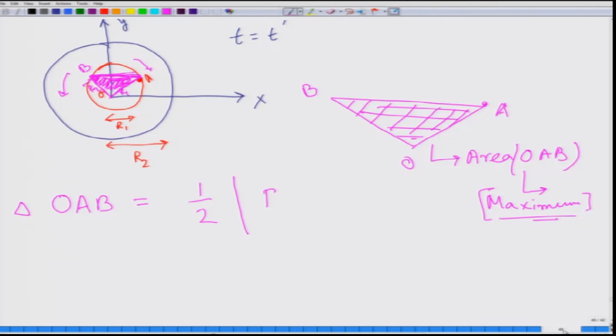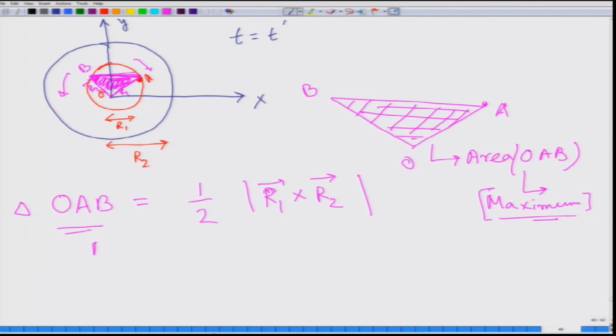So the area of this OAB, the triangle, will be half of that area. So it would be half of R1 cross R2. R1 and R2 are the two adjacent sides of the triangle OAB. So now I need to find out the area of the triangle, which is half of R1 cross R2.